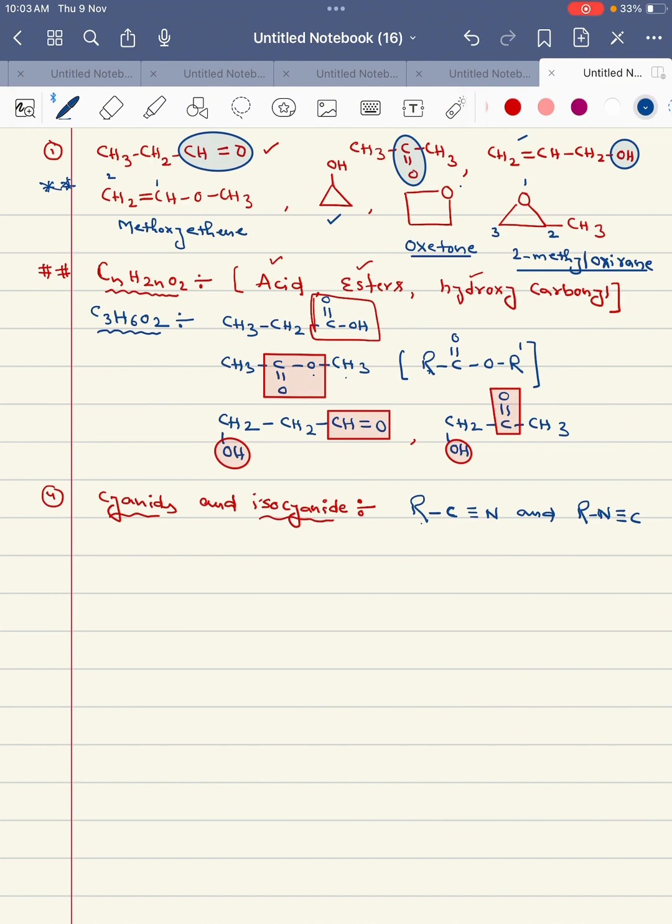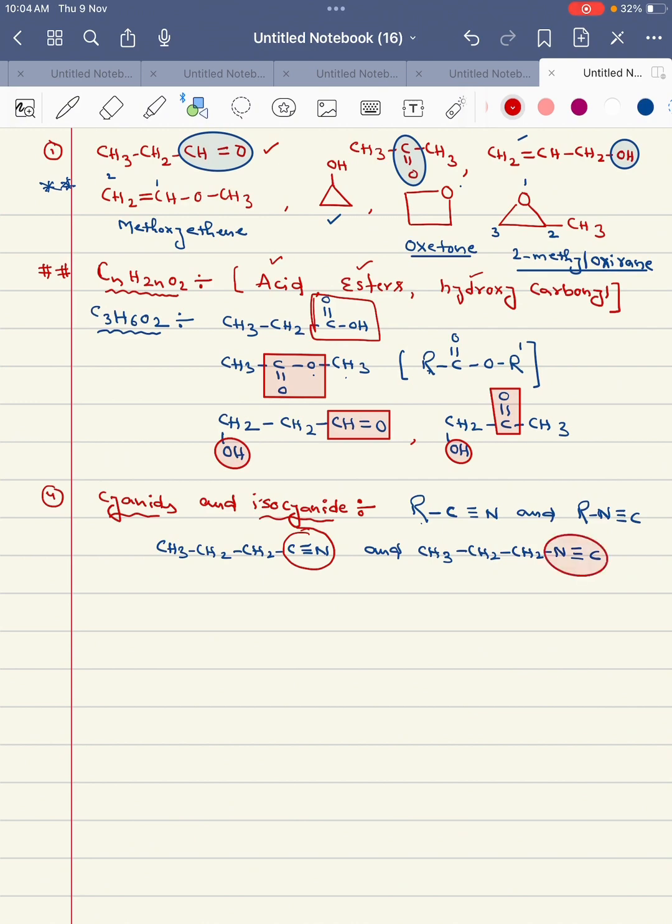You see the difference. For example, I have written CH3, CH2, CH2, C triply bonded N, and CH3, CH2, CH2, N triple bonded C. My dear students, when the CN is attached to the hydrocarbon chain, it is called cyanide.